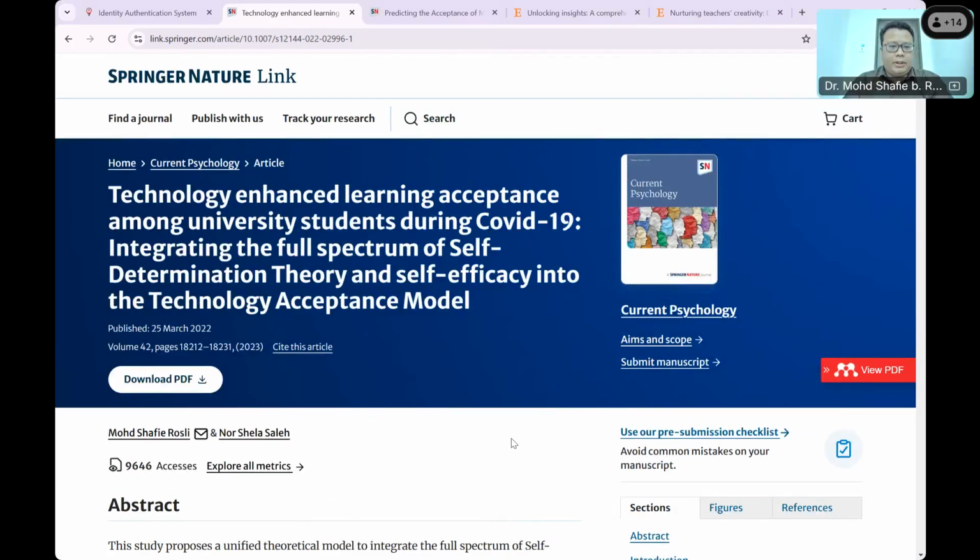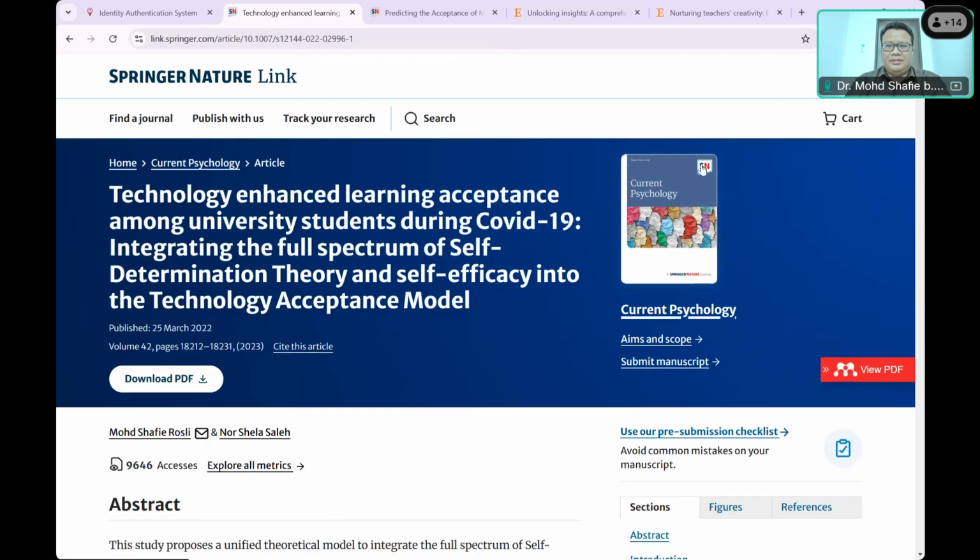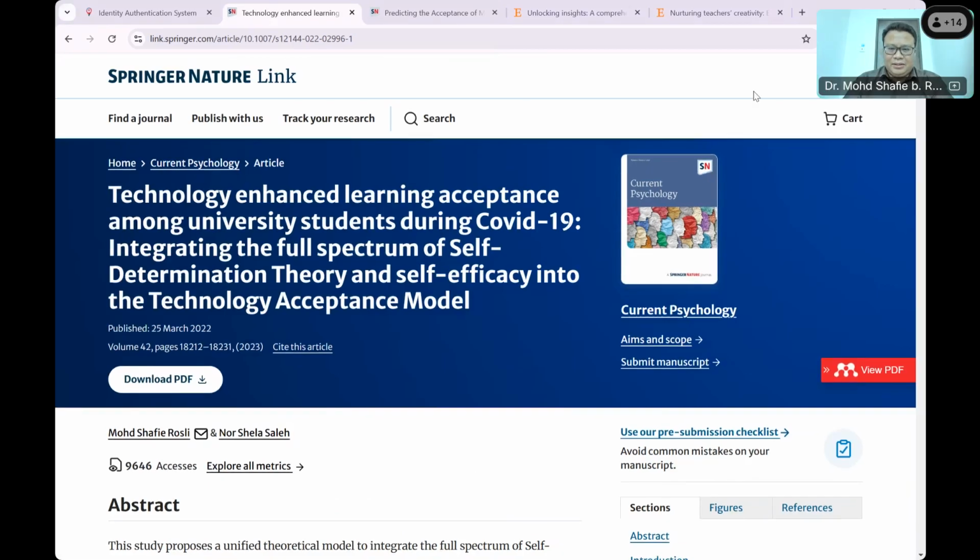Is it better now? Just the same. The room is giving some echo effect. Is it better now? Okay, so I try to change the setting. Okay, this is the setting. Let me try this.